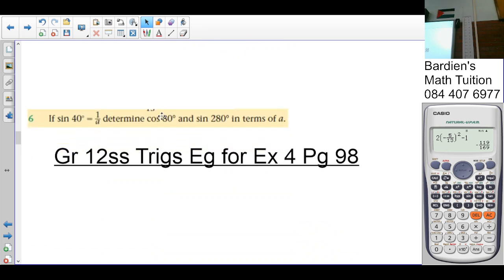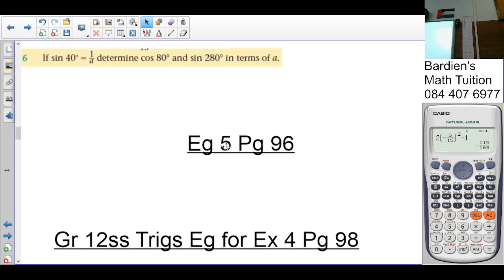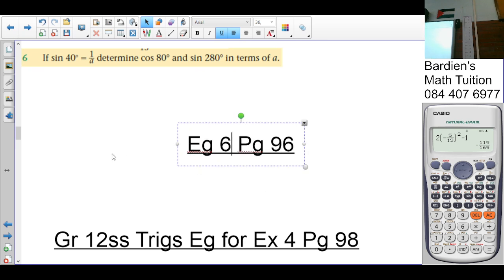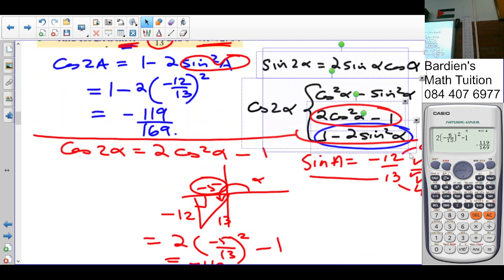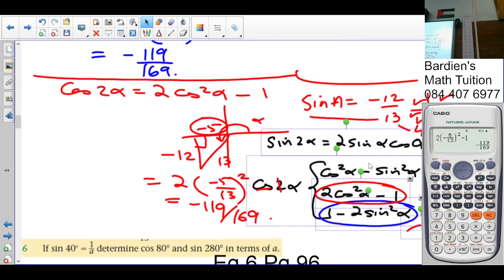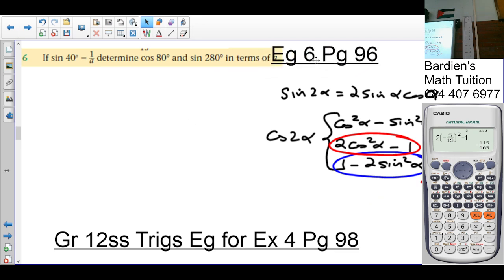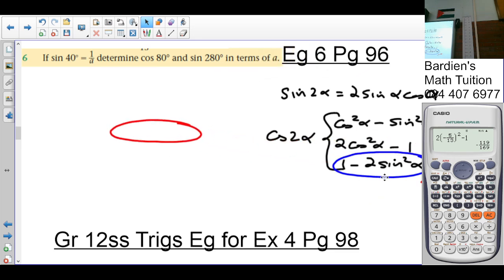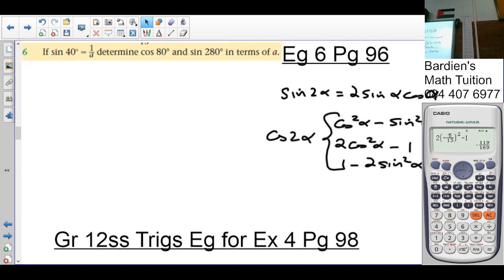Example 6. This was on page 96. Alright, example 6 on page 96.